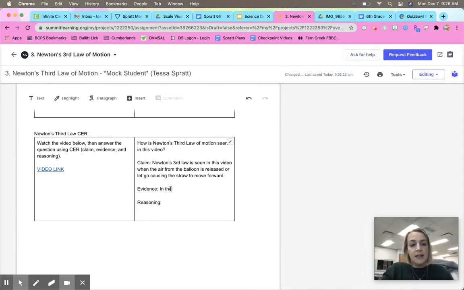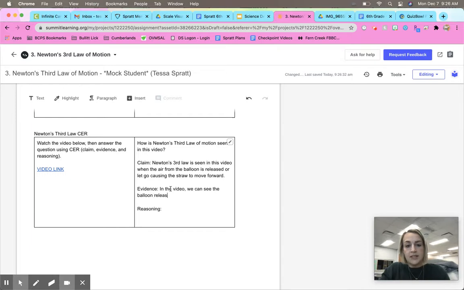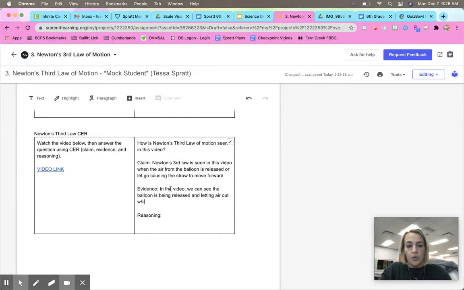So I'm going to say, in the video, we can see the balloon is being released and letting air out, which causes the straw to move forward along the string.